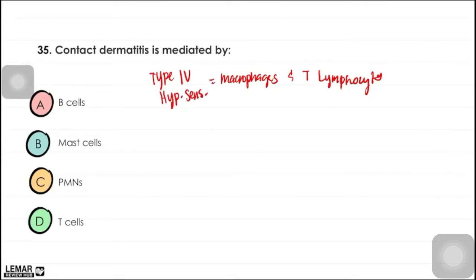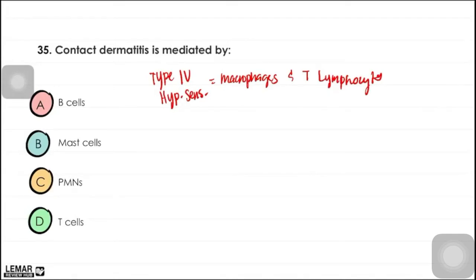reaction. Okay? So, when an antigen comes in contact with the skin, the antigen is processed by the cell in the epidermis and comes in contact with the T lymphocyte. Now, what will happen to the T lymphocyte? T lymphocyte will recognize the antigen as foreign and it will circulate through the bloodstream back to the epidermis.